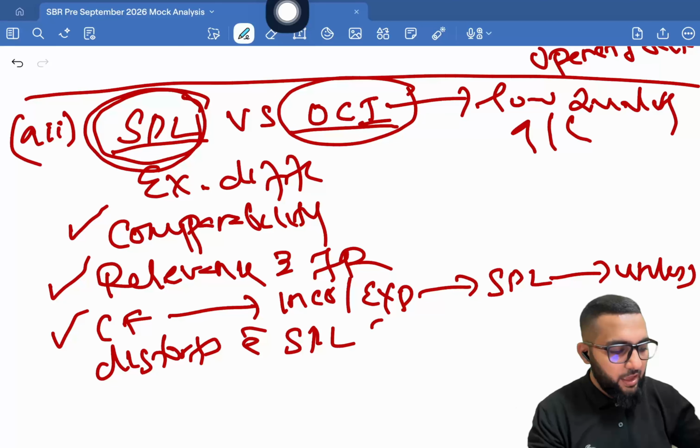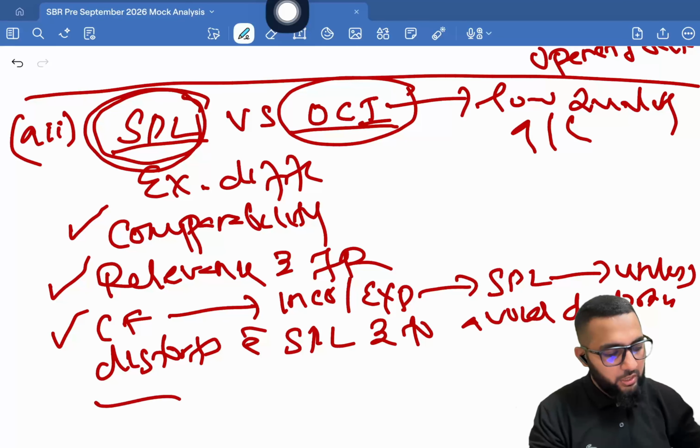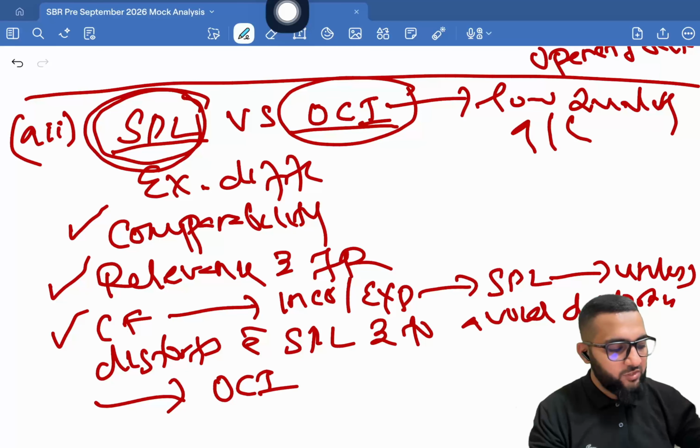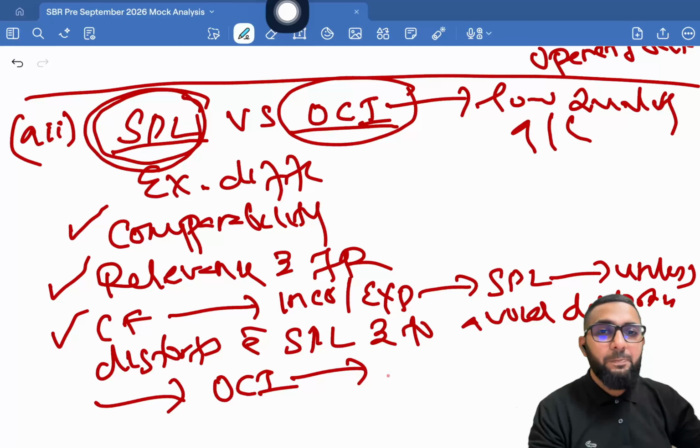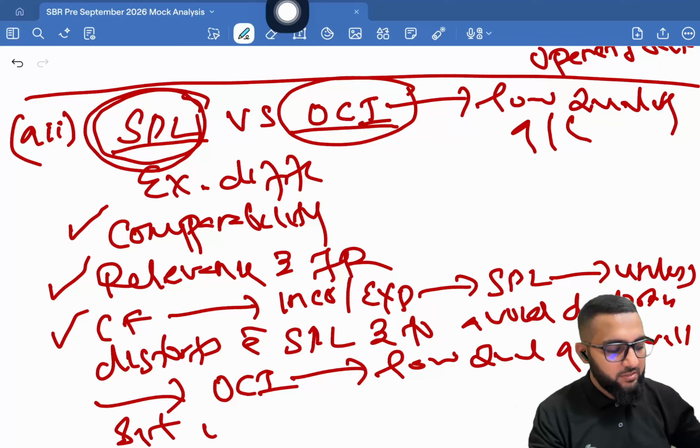And to avoid distortion, you have to recognize it through OCI, which is considered to be a place where low quality gain or loss will sit, right?